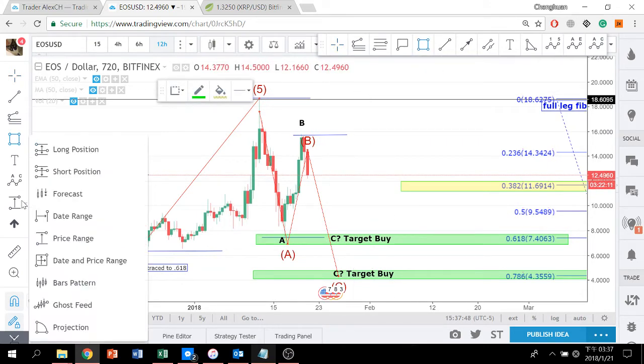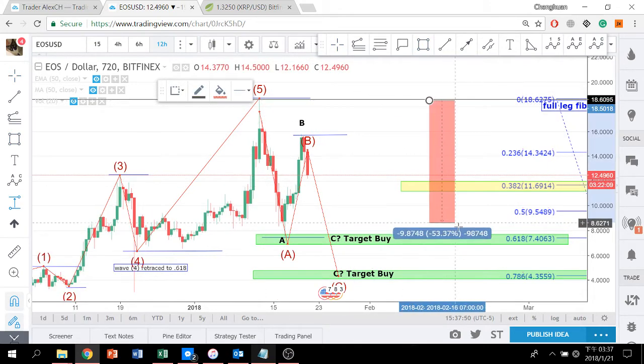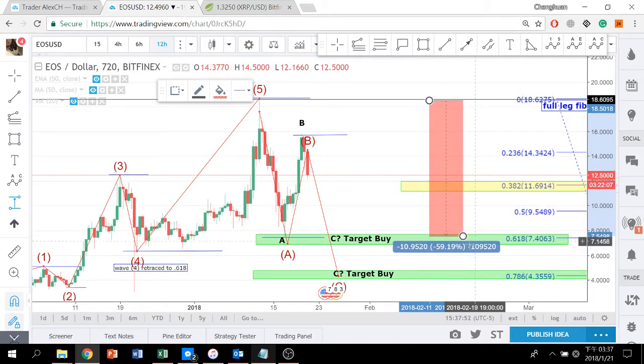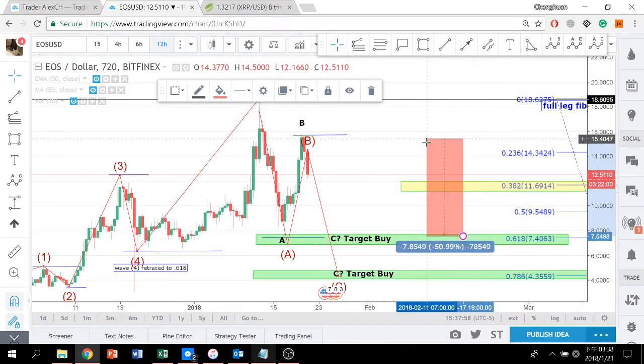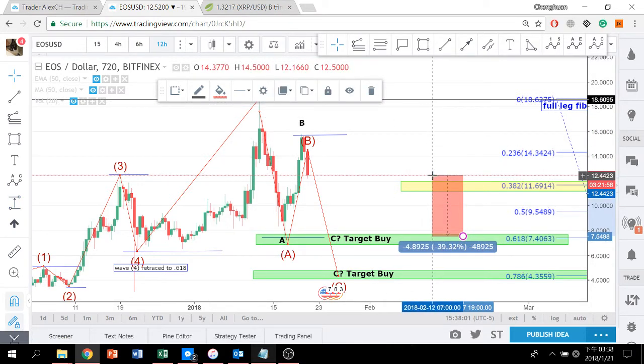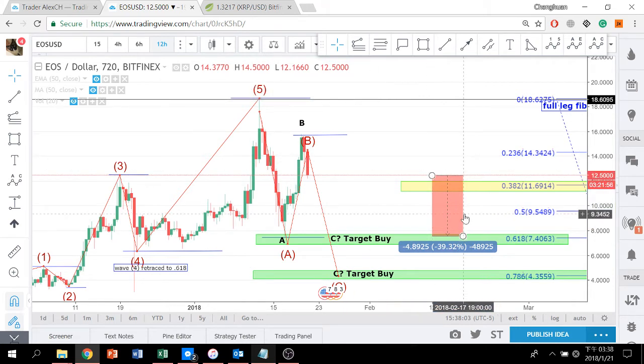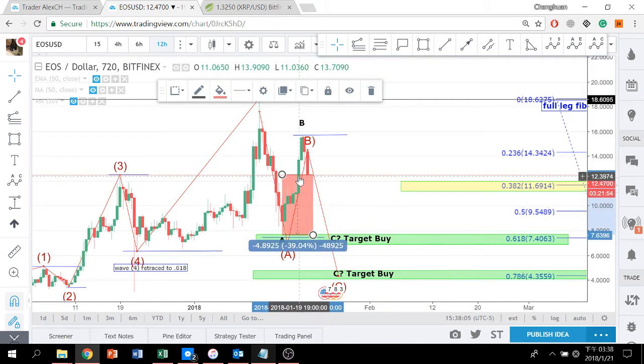So let's look at the price range. From 5 to A is a $10 difference, right? You're probably just going to take a $5 profit. So you would probably have taken profit right here, right? But it doesn't matter, it's still a great profit.